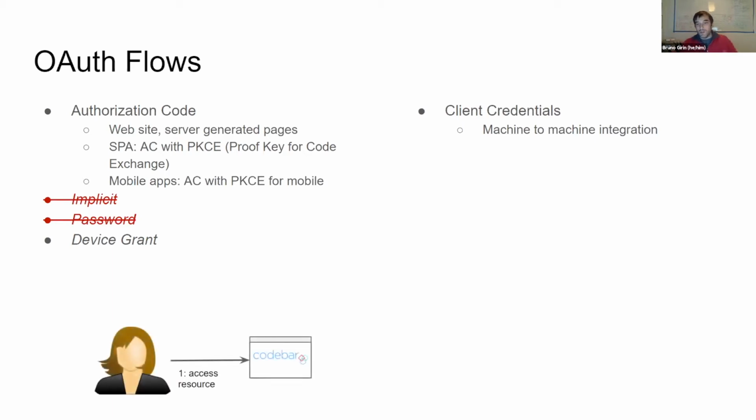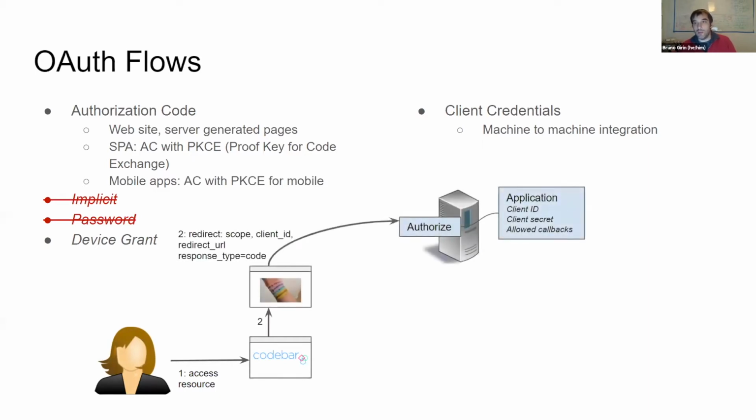You go onto your fantastic app, and that app needs to access a protected resource. At the point where it needs to access the protected resource, it will redirect your browser to the authorization server, to the authorize endpoint.